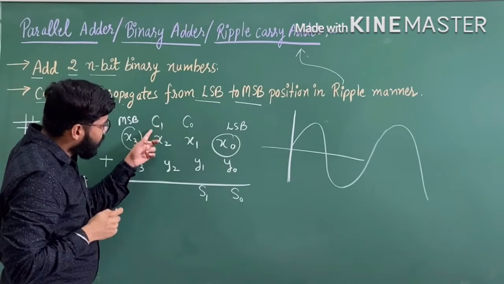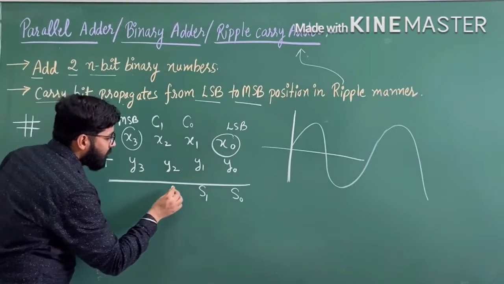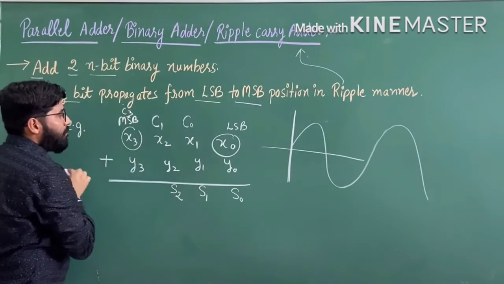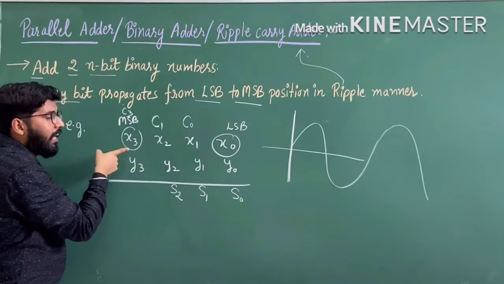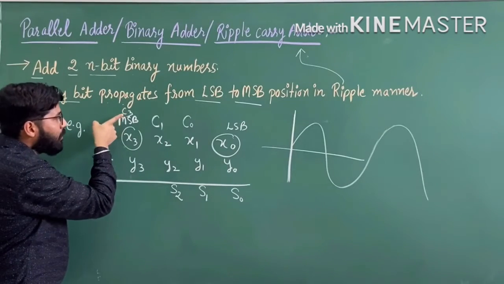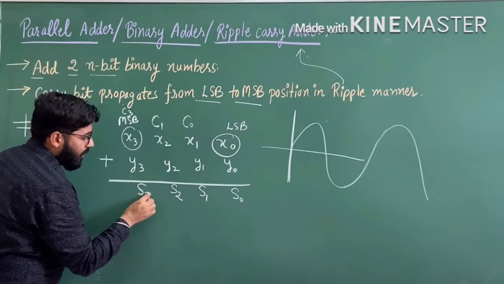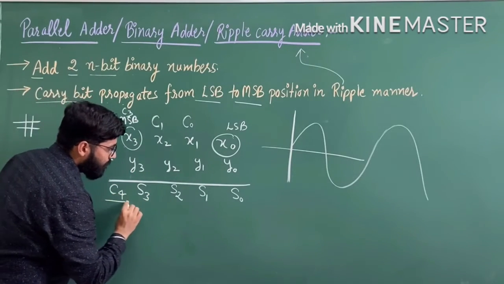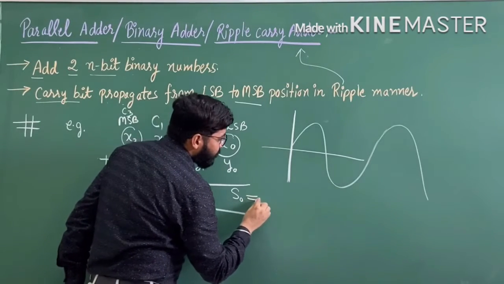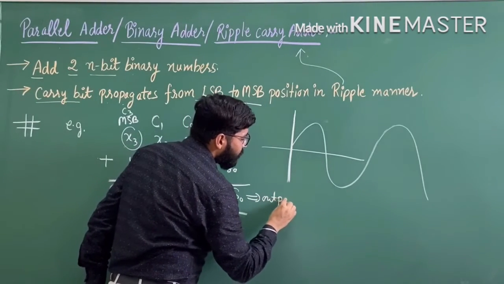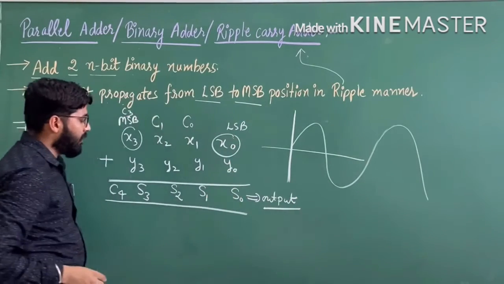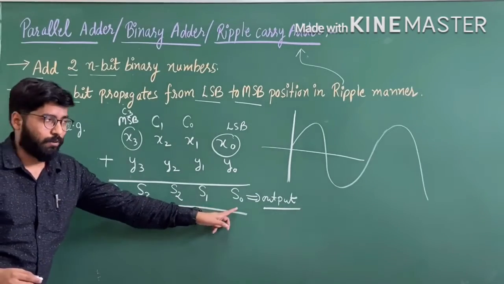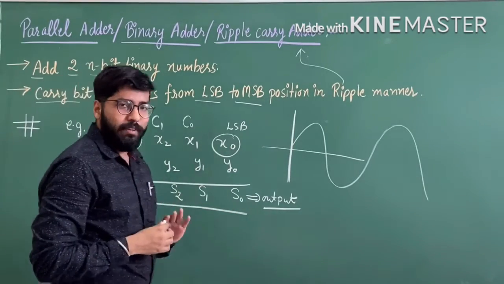Now we add c1, x2, y2, and we get a sum s2. Then again there is a carry, c2. It comes to x3 and y3. We add these three bits simultaneously and get s3. This is the sum. Now there is also a carry, c4. So this is the final output of the parallel adder, that is c4, s3, s2, s1, s0. In this way, the parallel adder works.